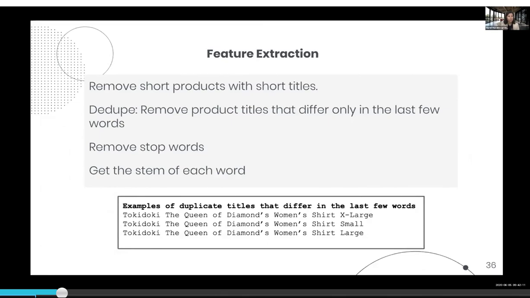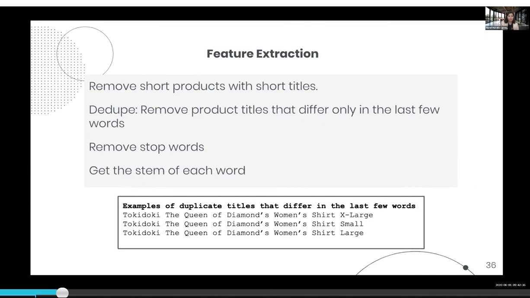So because this is language, and language is very complex and varied, a lot of extra feature engineering needed to be done. As with natural language processing, we have to remove the stop words and get the stem of each word. But I also needed to remove products with short titles because it's not going to give me a lot of information.